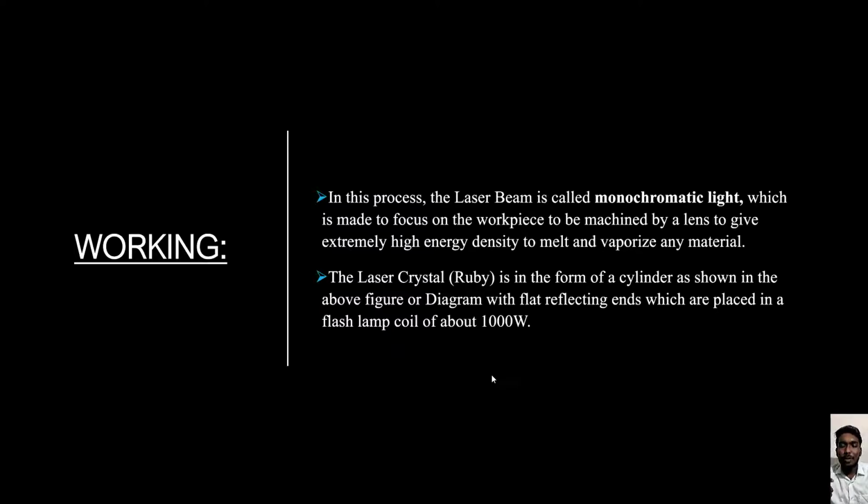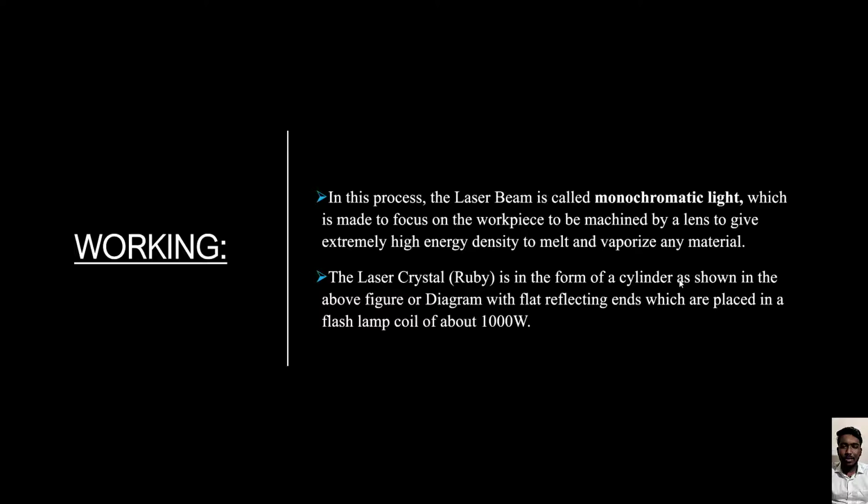Such monochromatic light is made to focus on the workpiece with the help of a lens, so that extremely high energy density is focused on the surface of the material which has to be removed.